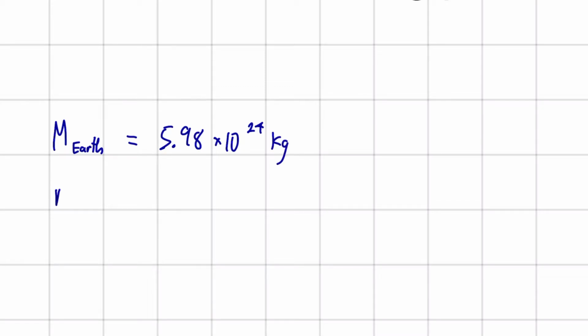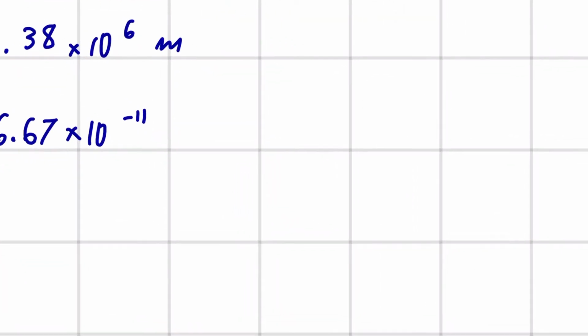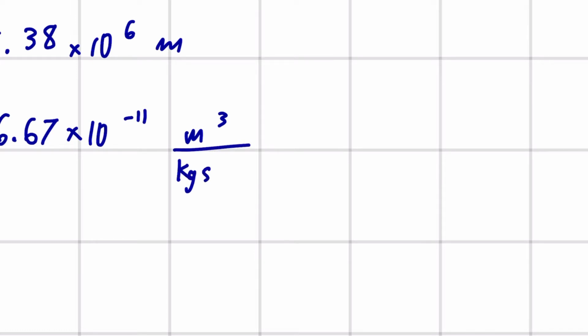The radius of Earth is equal to 6.38 times 10 to the 6 meters. And G, our gravitational constant, is 6.67 times 10 to the negative 11. The units on this are a little bit weird: meters cubed per kilogram second squared.